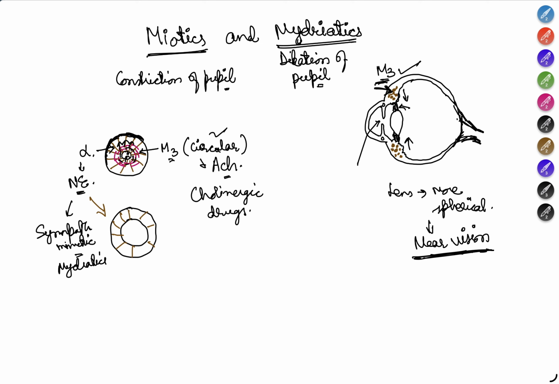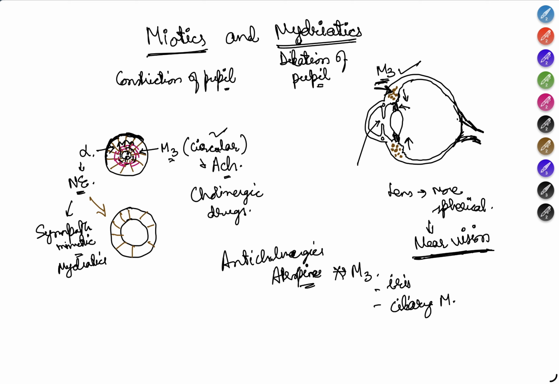And if we give the opposite type of drugs which block this, say for example anticholinergic drugs like atropine, or drugs similar to atropine, what we can see is they will block the M3 receptors, both at the level of the iris as well as at the level of the ciliary muscle.